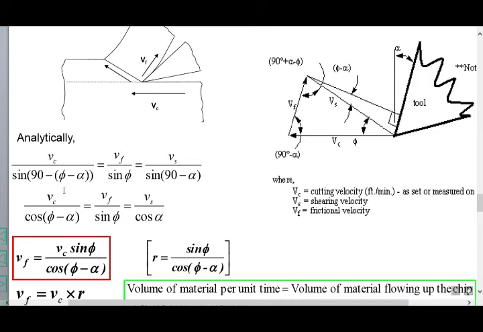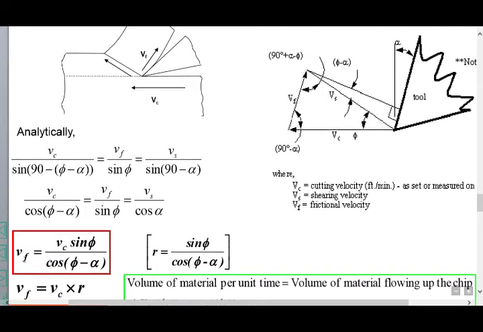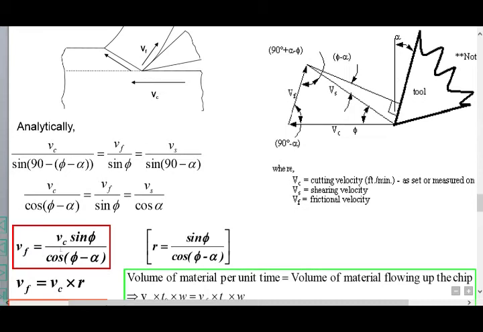So, in the triangle, sine 90 changes to cos, and sine also changes to cos of phi minus alpha. Vf is Vc sine phi and Vs is cos alpha. Finally, we identified the Vf formula: Vf is equal to Vc into sine phi divided by cos of (phi minus alpha).